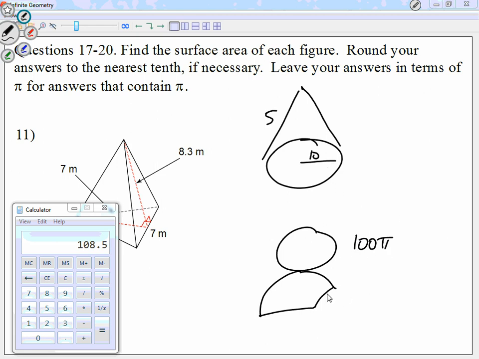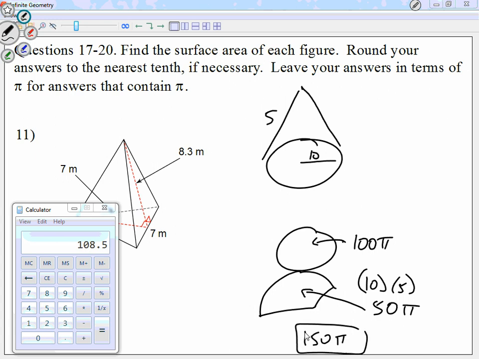So that's the circle. Now for this other part, it's going to be 10 times 5, which is 50 pi. That is this part. So altogether should be 150 pi. So that's for a cone. Any questions on these?